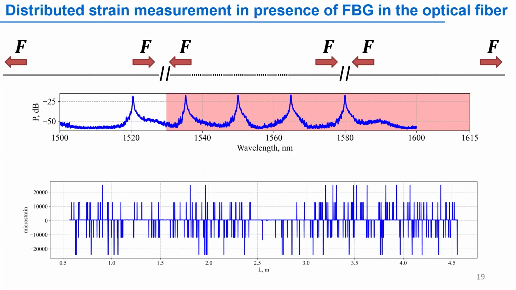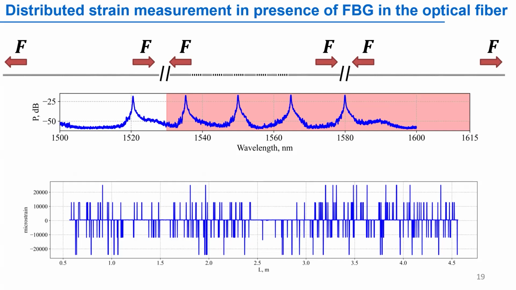And the last part of the presentation is related to providing distributed strain measurements in the presence of fiber Bragg gratings in the optical fiber. So the following experiment was conducted. We took the optical fiber and applied tension to 3 parts of this optical fiber, and one of the parts included 5 Bragg gratings. One of the parameters that can be optimized for distributed fiber optic sensors is the wavelength scanning range.